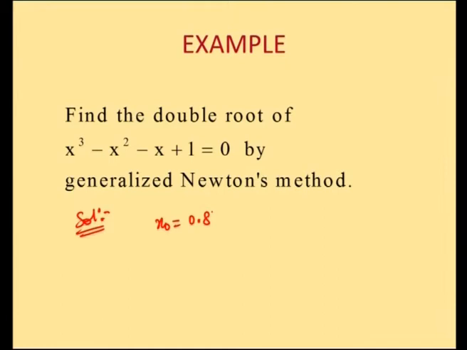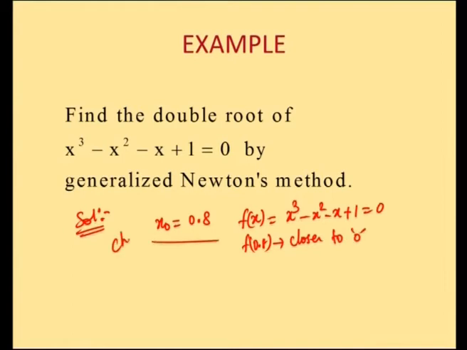That is, you check with f of x equal to x cube minus x square minus x plus 1 equal to 0 and find that f of 0.8 is close to 0. So, choose x naught equal to 0.8. What happens to f dash of x?